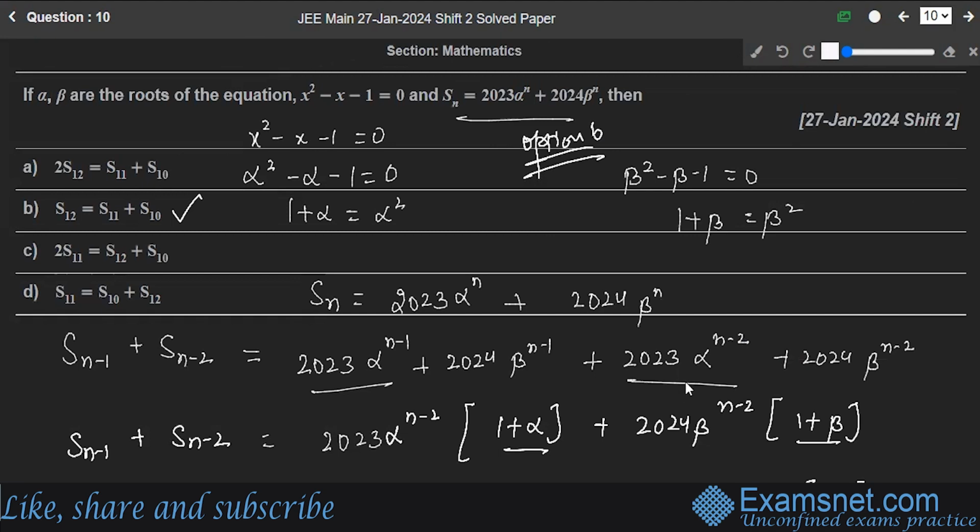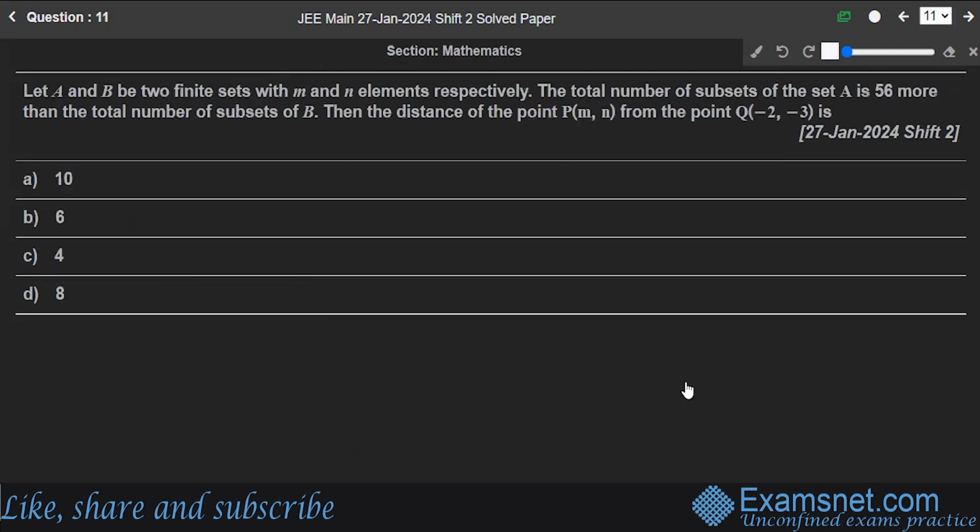Let's move to the next question, number 11. Let A and B be the two finite sets with M and N elements respectively. The total number of subsets of A is 56 more than the subsets of B. Then the distance of the point P, M comma N from this point is. All right.